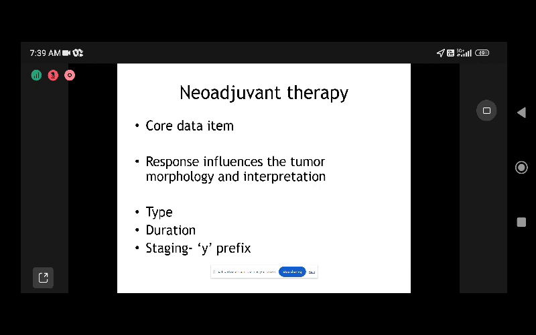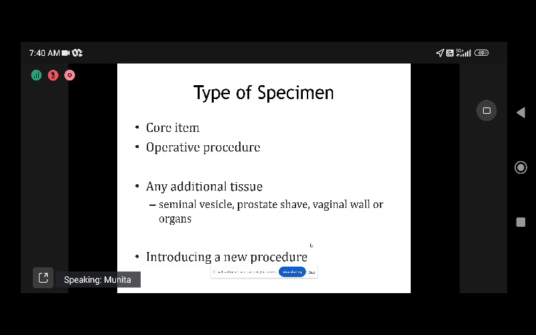Then it needs to be correlated with the endoscopy data, and we need to make sure that the tumor bed is completely sampled. Not only on gross but also on microscopy, the tumor morphology can completely change, and it can influence the interpretation. So it's important to provide this information whether neoadjuvant therapy was given or not. And for the staging after neoadjuvant therapy, in the TNM staging we have a Y prefix, which indicates that this is a post-neoadjuvant staging. The type of specimen, again, is to be included as a core data item.